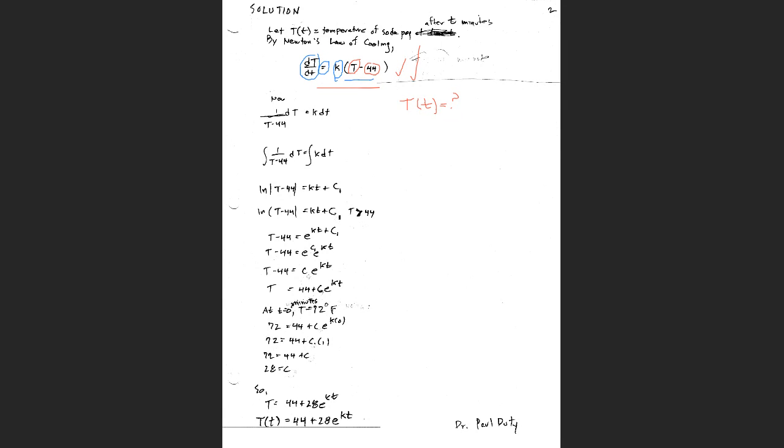If we do that, I separate the variables here, and then I integrate both sides. I go through the steps here, and I'm going to get that the temperature at time t is equal to 44 plus a constant times e to the kt power.